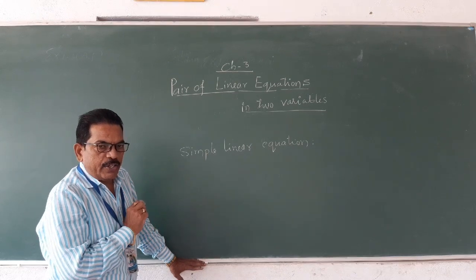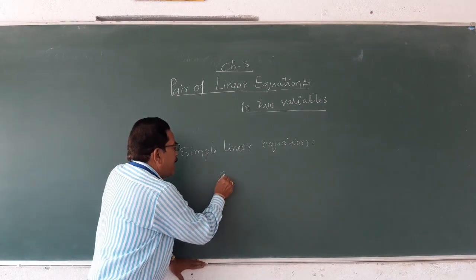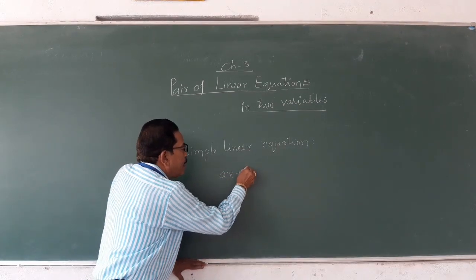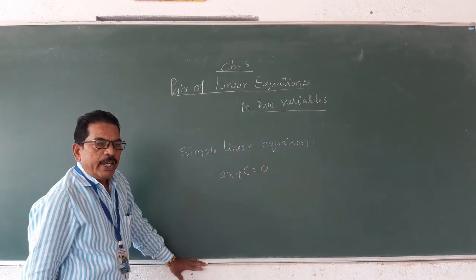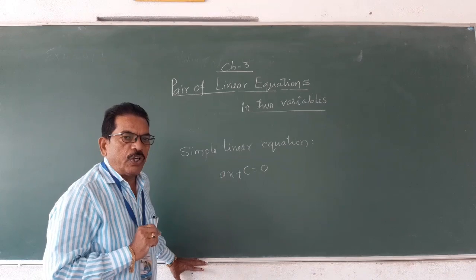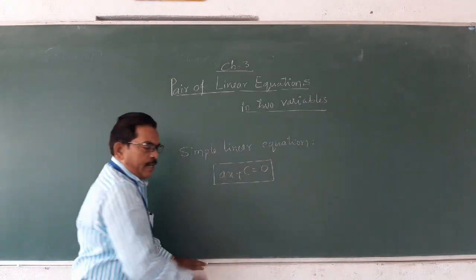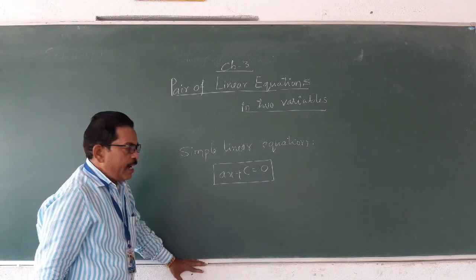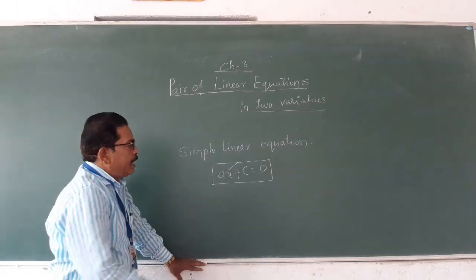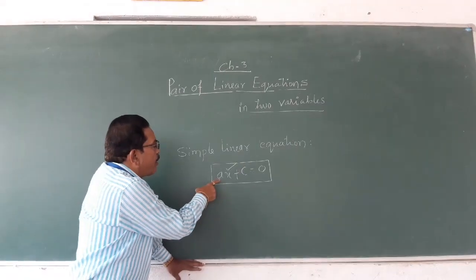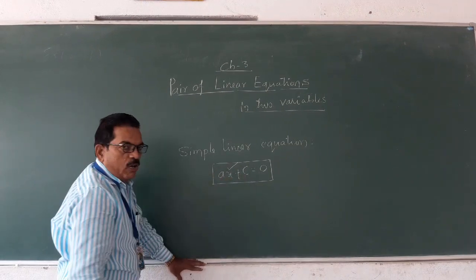The equation of the form ax plus c equals to 0 is the simple linear equation, where x is the variable, a is a given real number, and c is the constant.